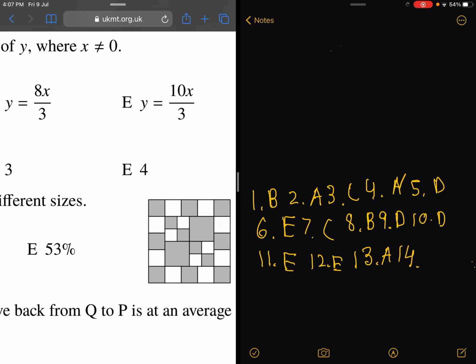So one large square's length is 1.5 medium-sized square lengths, so the area is 1.5 squared, which would be 2.25 medium-sized squares. And there are 4 large squares in the center, which would imply 9 medium-sized squares in the center. So the center occupies 9 medium-sized squares.